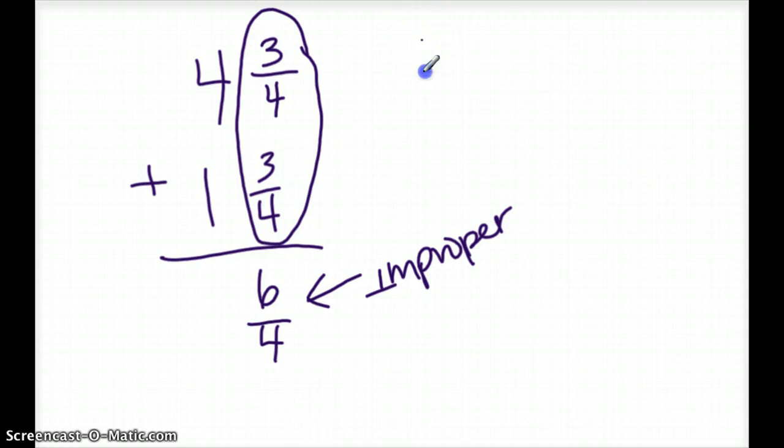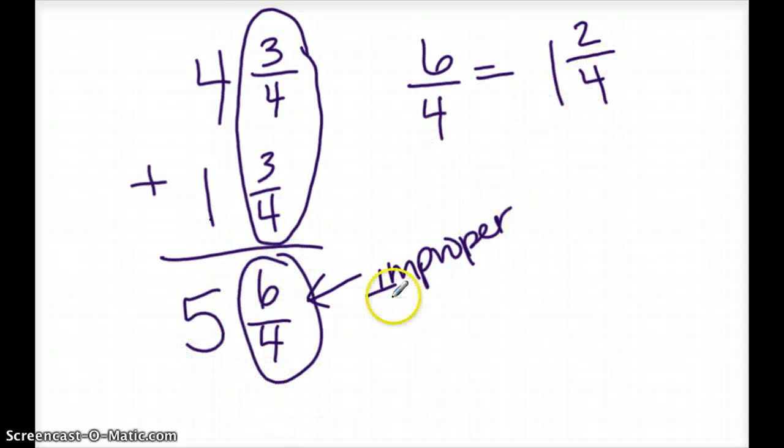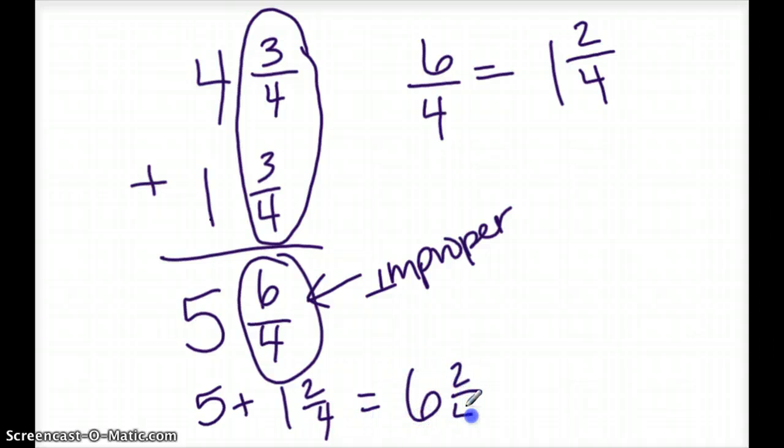So I need to convert 6/4 to a mixed number. 6/4 equals 4 goes into 6 one time. I have 2 left over, and my denominator stays the same. So I actually have 1 2/4 here. So I have 4 plus 1 is 5. I changed this to a mixed number, so now I have 5 plus 1 2/4. So 5 plus 1 equals 6 2/4.